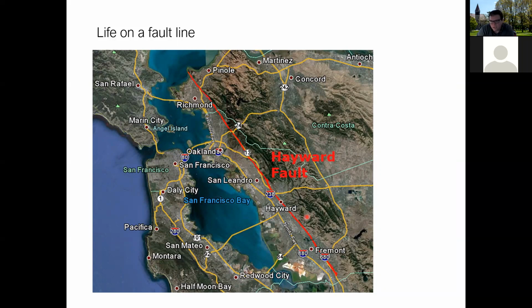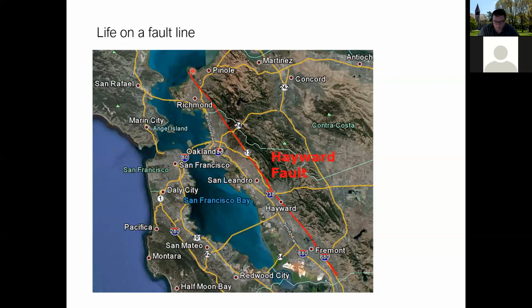And that goes just on the east side of San Francisco Bay, and is known to cause major earthquakes. Certainly, I think probably most of you are too young to remember the 1989 earthquake, but there can be some pretty devastating earthquakes that do a lot of damage.